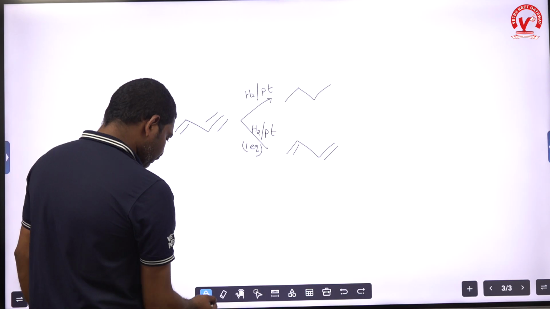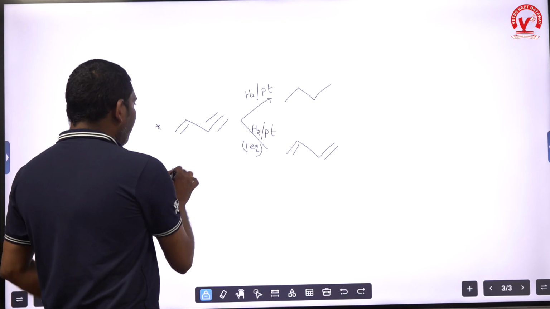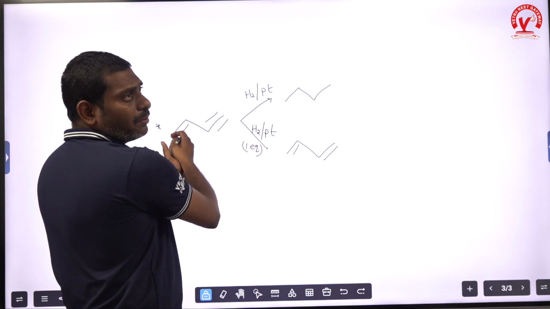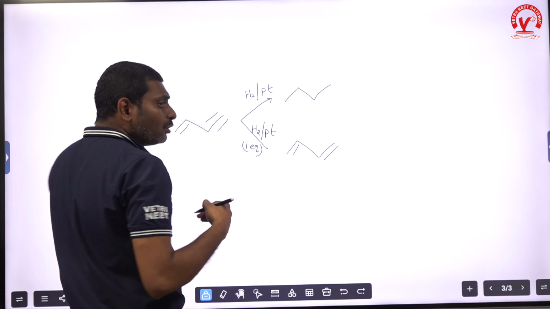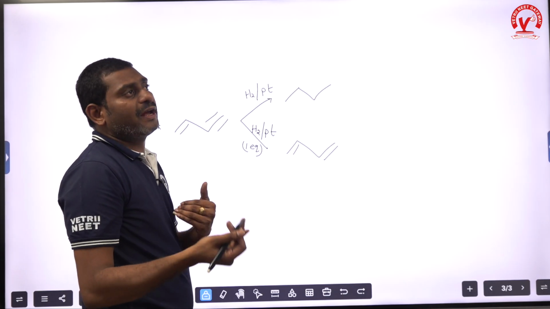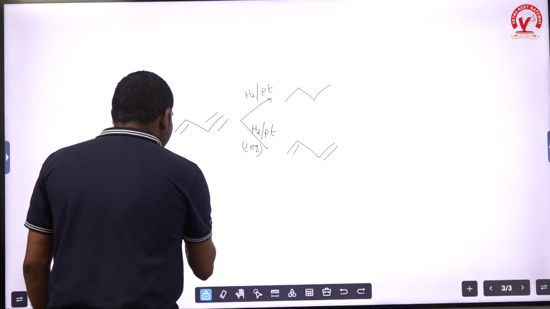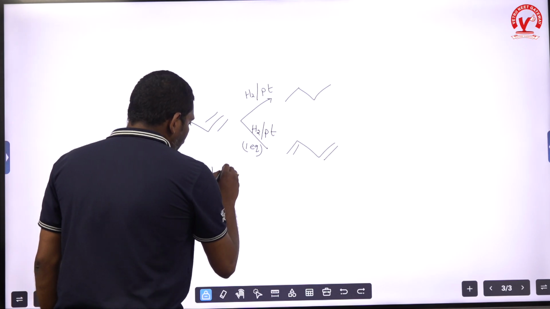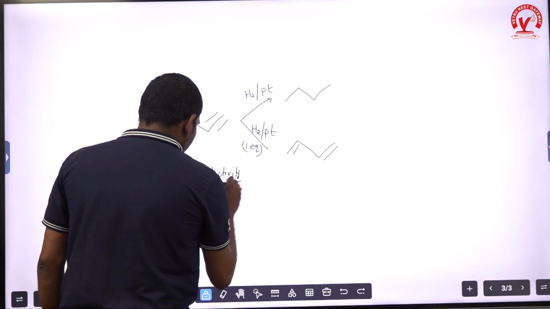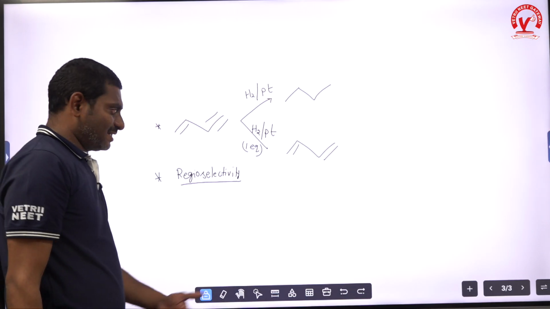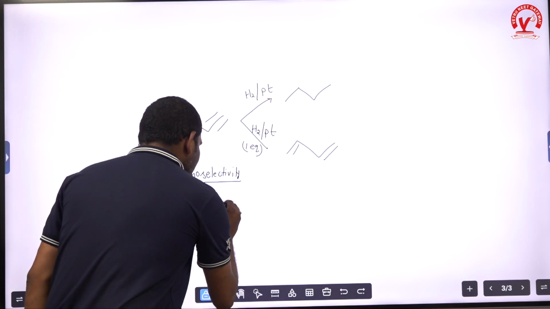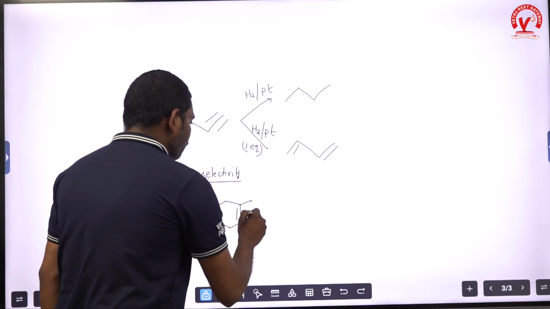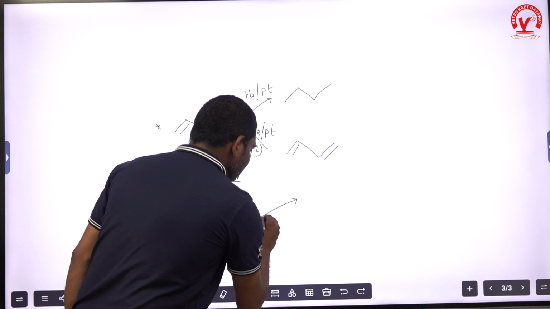And here the important thing: if you have one double bond and one triple bond, first the triple bond will break, then it comes to the double bond. Then if two double bonds are there, which double bond will break first? That is regioselectivity, one more important point. Suppose two double bonds are there, like this.